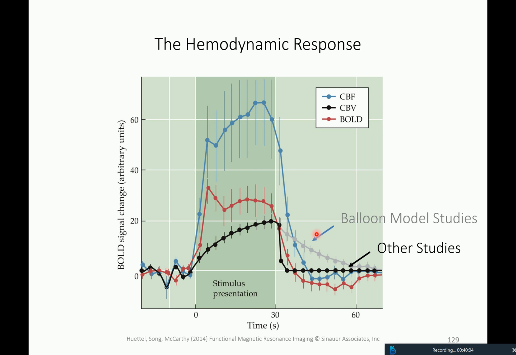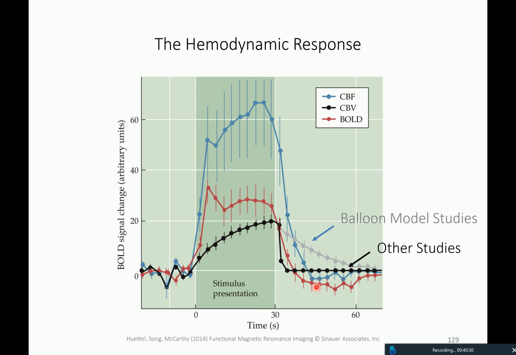This shows that the cerebral blood volume, in the studies that really believe in the balloon model, stays up a little bit longer, but other studies actually show that this is not the case. Here, nevertheless, they also observe an undershoot. So this initial dip and post-stimulus undershoot, people debate this. It's not really clear. This is important to understand what the BOLD signal is about.